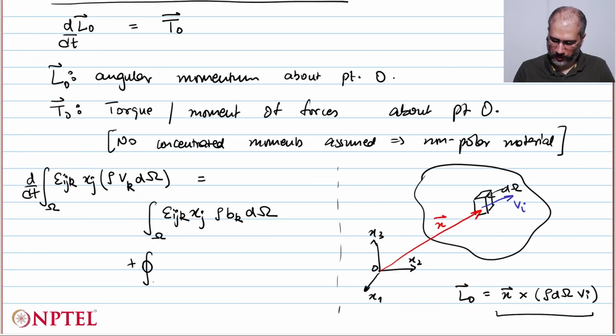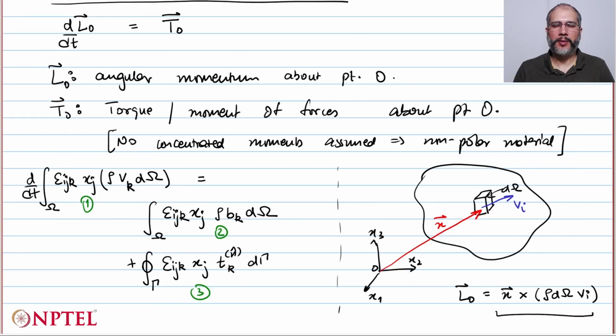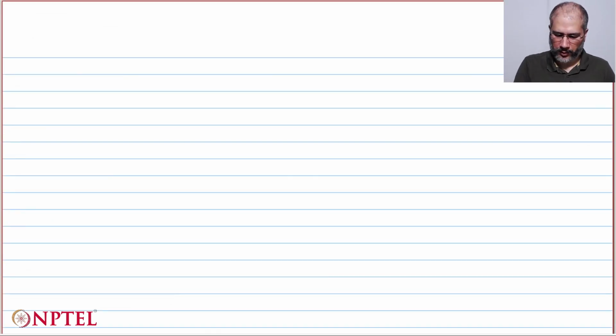So that's an integral over the complete bounding surface. That's again the cross product between the position vector and this time the traction acting on the area n hat times t gamma, and we have an index k here. So again we'll call these terms 1, 2 and 3. So we'll simplify the terms separately and then combine all of them. So let's look at the first term.